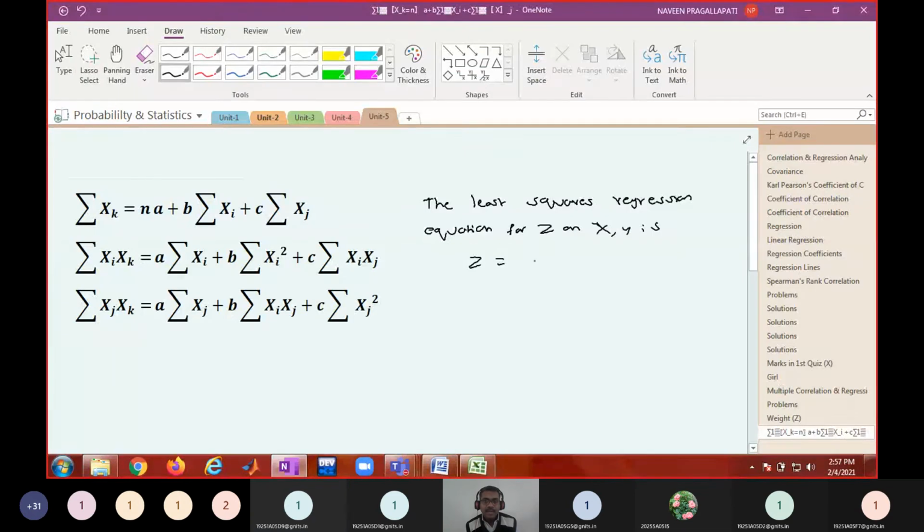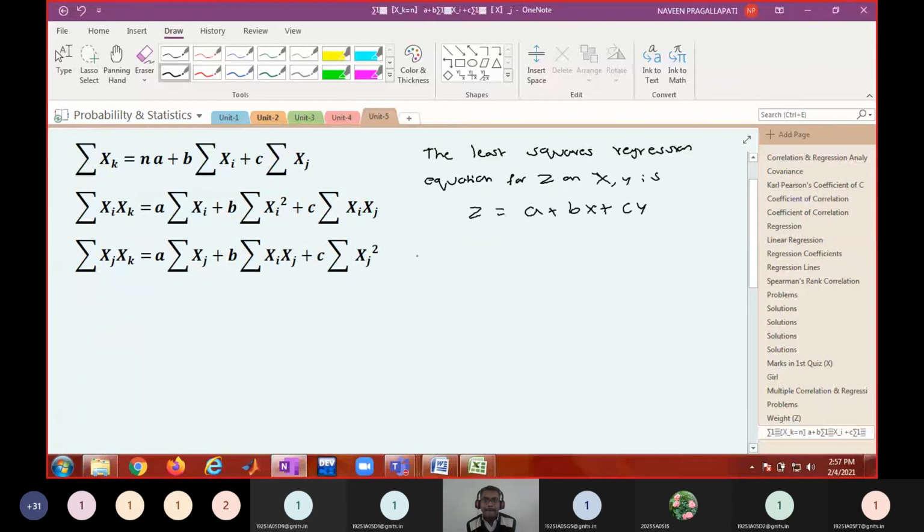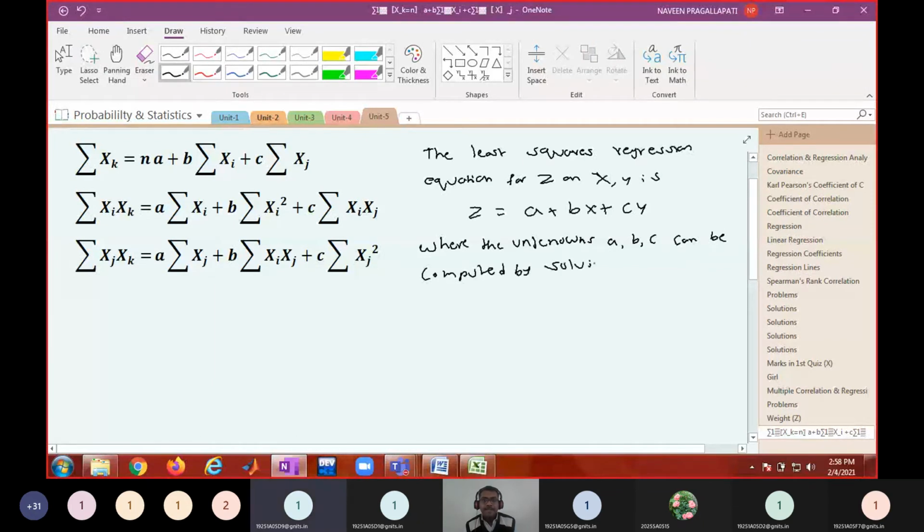Z equal to a plus bx plus cy, where the unknowns a, b, c can be computed by solving the normal equations.